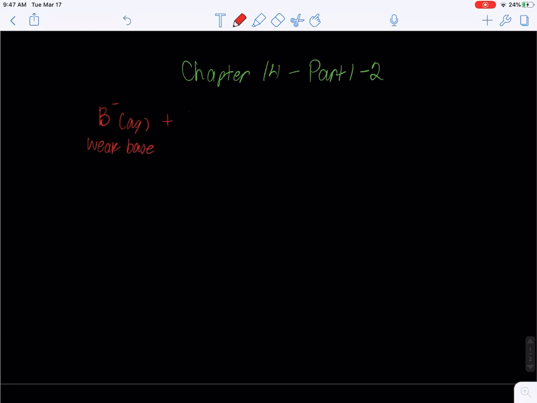It reacts with water in liquid form here, and this is in equilibrium with the conjugate. I'm going to change this to A minus just to be consistent. So this will go to the conjugate acid, and it will produce a little bit of hydroxide ion. Okay, so this is the conjugate acid.